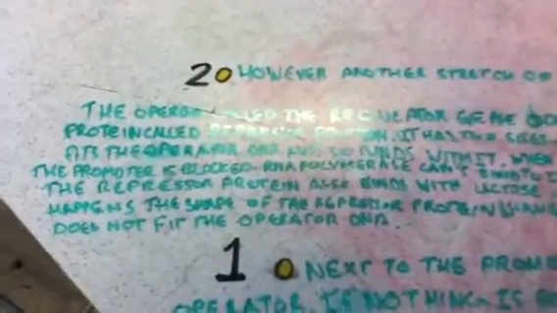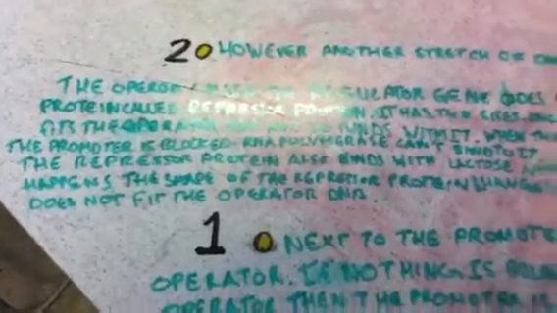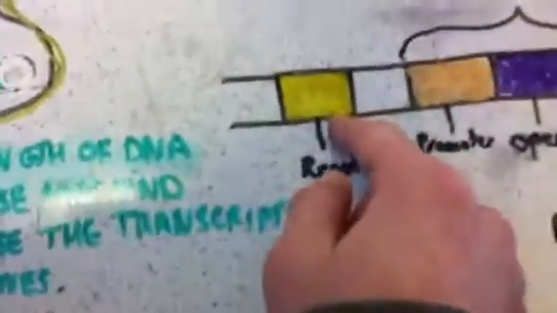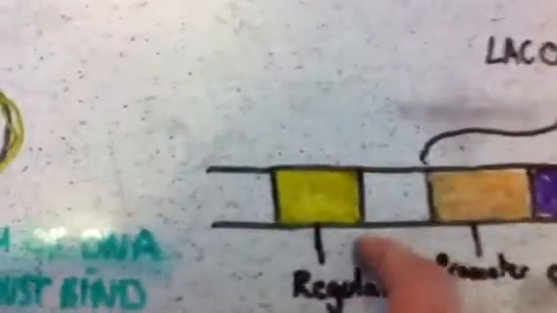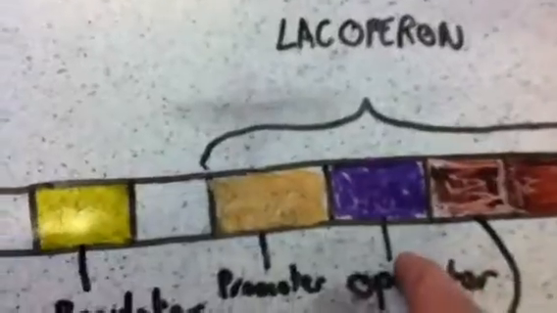The repressor protein has two active sites. One of these fits the operator DNA and so binds with it. When this happens, the promoter is blocked. So basically, something comes along and binds to the operator here. This creates a protein which binds to the operator, stopping it from working. When this happens, the promoter is blocked.